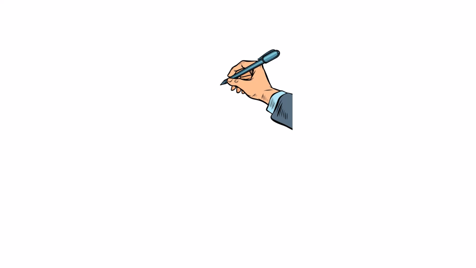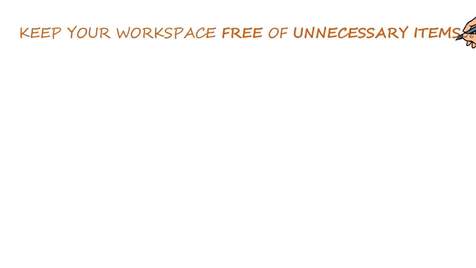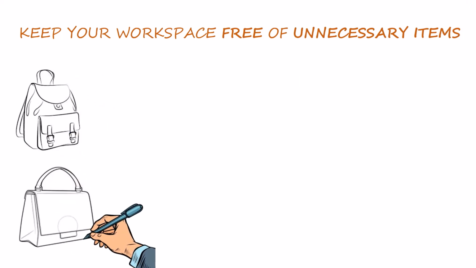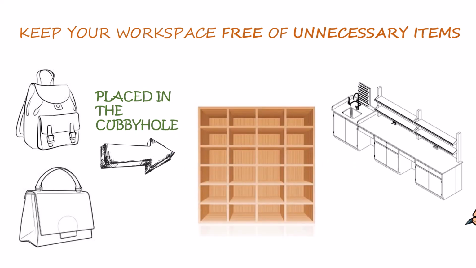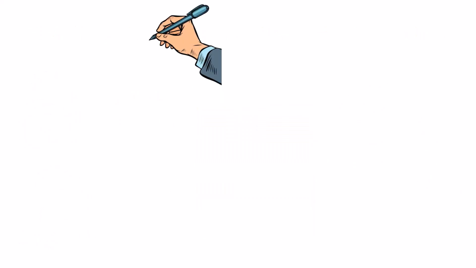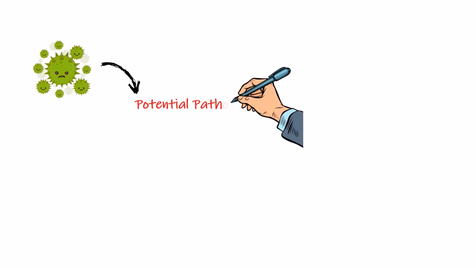The first thing we need to do is keep your workspace free of all unnecessary items. Pipettes and hoses should be placed in the cubby holes outside the lab. Besides that, we need to treat all microorganisms as potential pathogens.